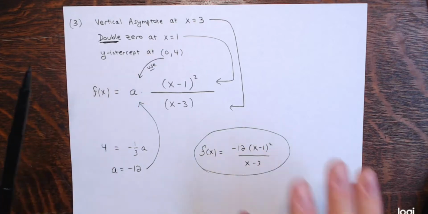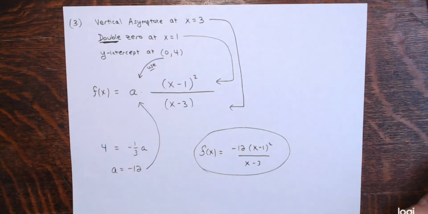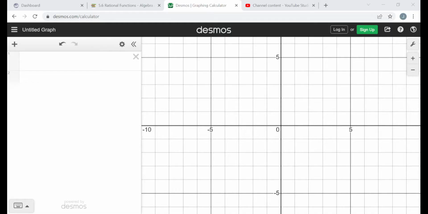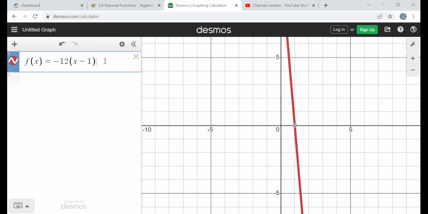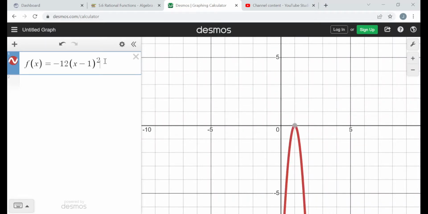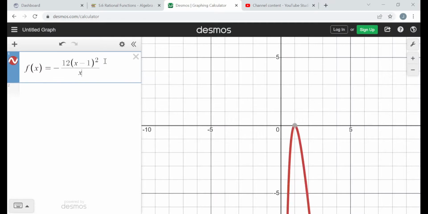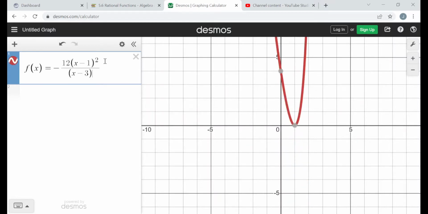In fact, let me actually show this one, because it's a little different. So back on Desmos, I'll put in the function we just wrote. Negative 12 times the quantity (x minus 1) squared divided by the quantity (x minus 3).